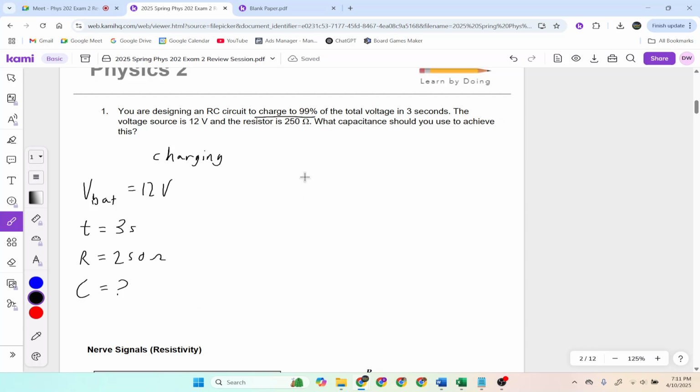So then what I'm going to write is Vc, voltage in the capacitor, equals V bat times 1 minus e to the negative t over tau. And I'm just going to plug in for tau, it's RC. I usually do that from the beginning. Now the hardest part of this problem comes up right now because we know V bat, it's 12.